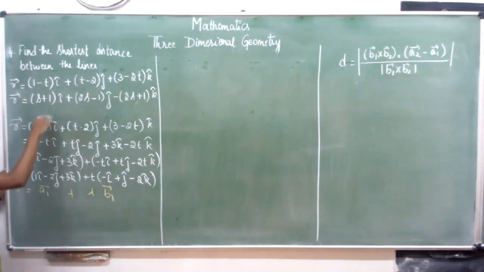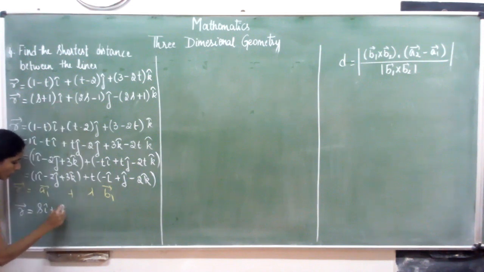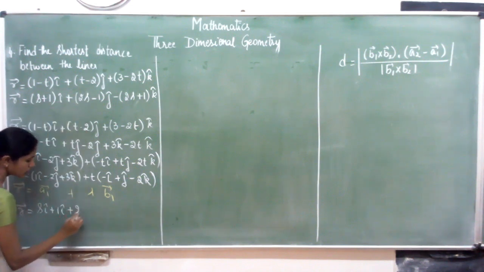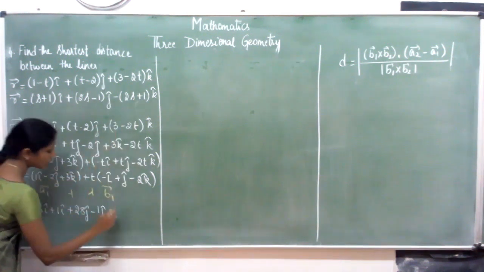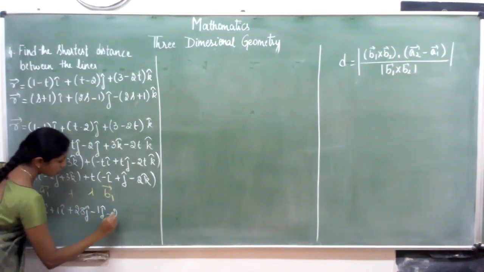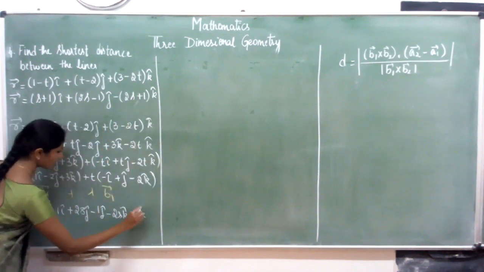So similarly, let us reduce the second equation to this form. For that, we have vector R is equal to, I am going to directly multiply this. So we will get s into i plus 1 into i. Next, we have plus 2s into j minus 1 into j. Next, multiplying this minus sign inside, minus 2s into k, then plus into minus 1 into k cap.